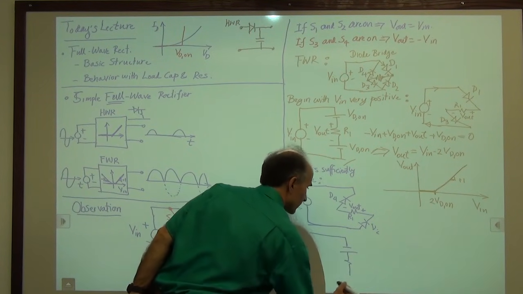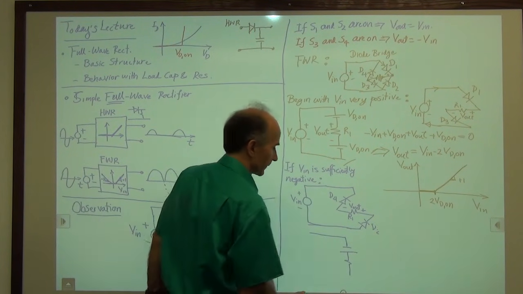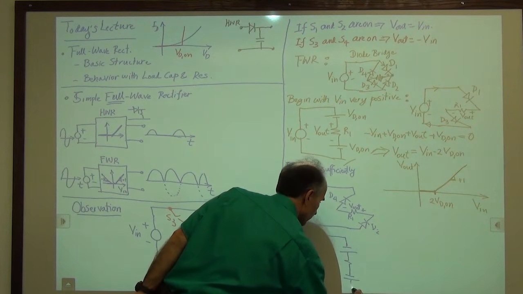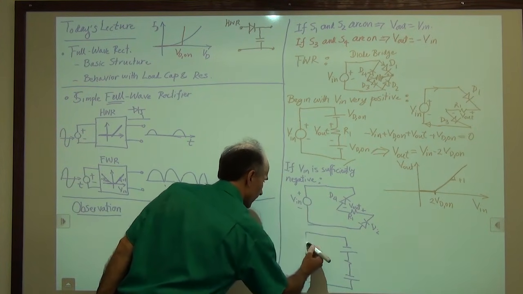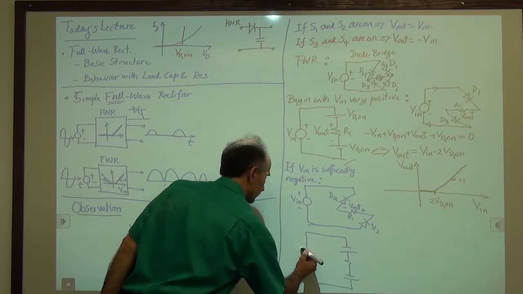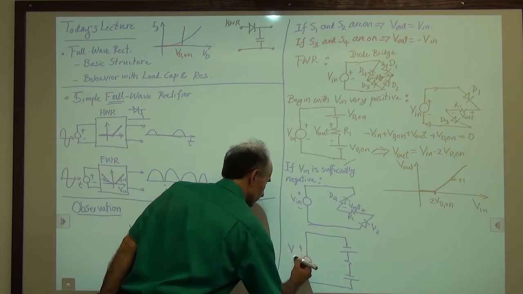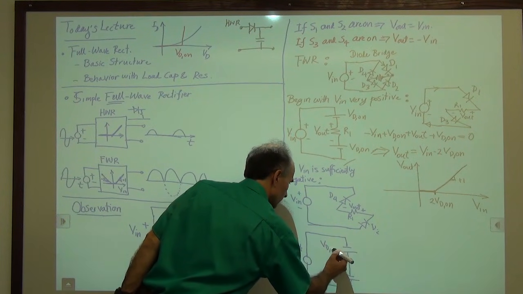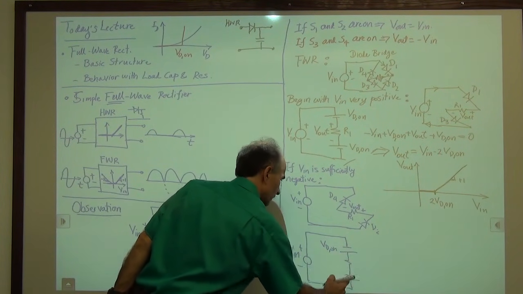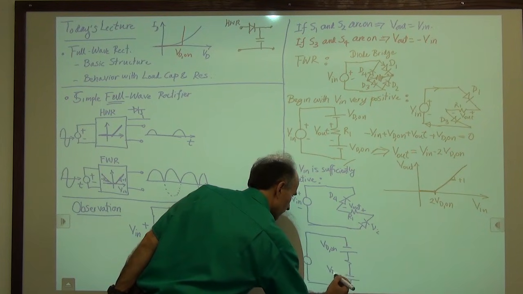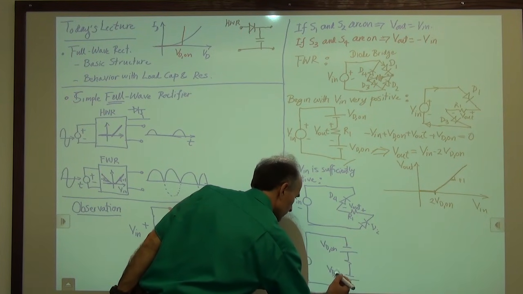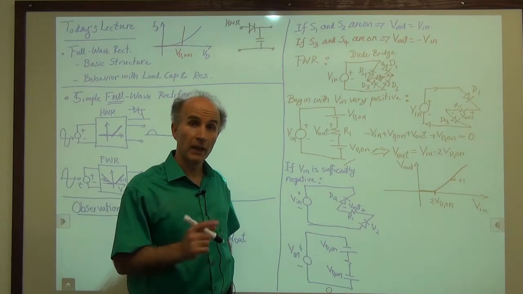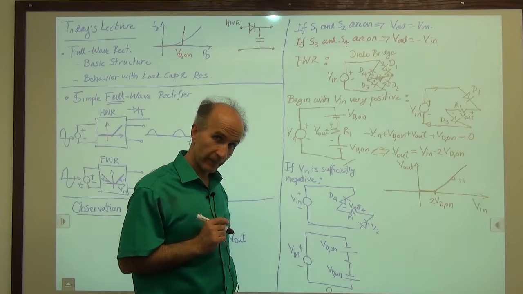Then we have the resistor. So we have to be careful here. And then we have the diode. And then we have the input. So this voltage is VD on, positive here, negative here. This voltage is VD on. And the $1 million question is, where is V out?